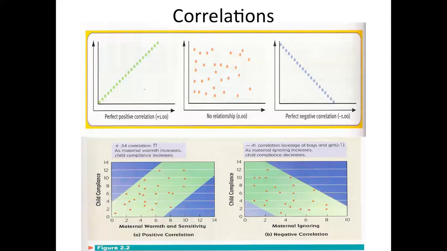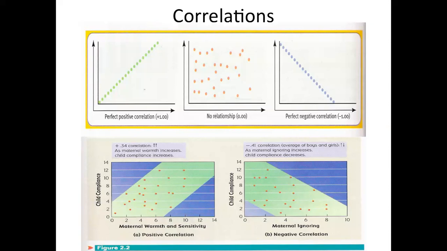So if you look at the bottom panel, this is kind of what you would see in real life. You'll notice that you're not able to connect all the dots with a single straight line. So the dots are spread all over the place. But if you see the greenish highlight, that's showing you the trend of the dots.